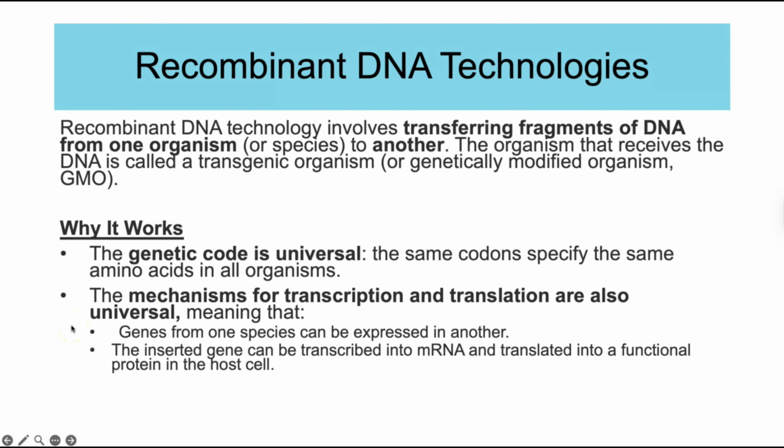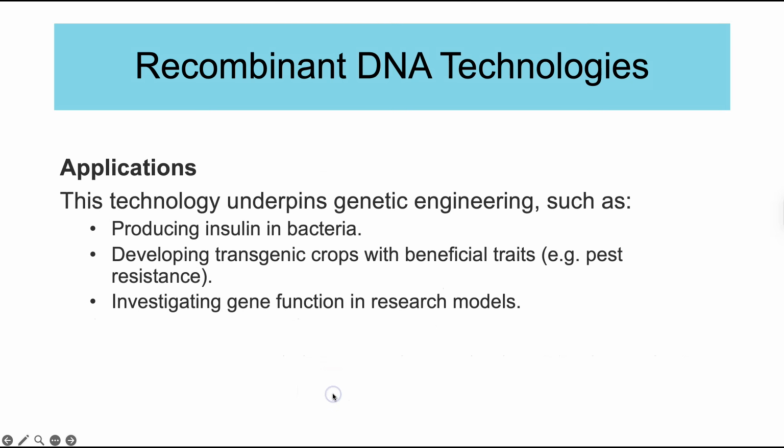Now, as well as that, it also works because transcription and translation are universal as well. So that means genes from one species can be expressed in another. And that's because once you insert that DNA into the new species' DNA, transcription will occur to make mRNA, and that mRNA will then be translated to make the functional protein in the host cell.